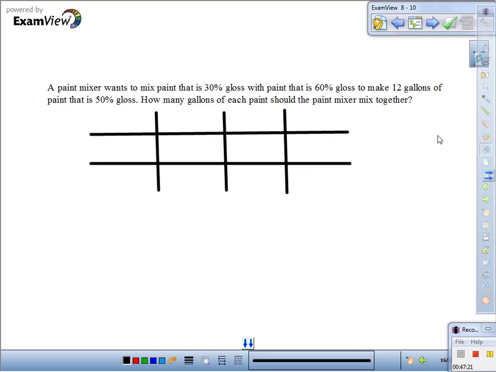That never changes. What else doesn't change? First mix. Second mix. Total mix. With a percent here, and percent here. That doesn't change.